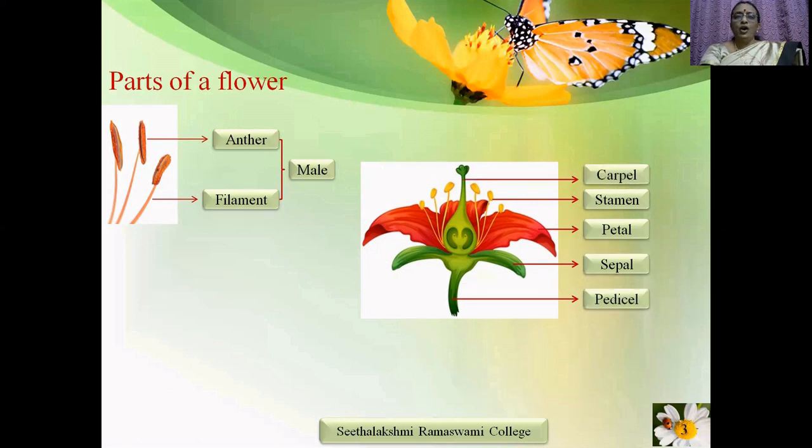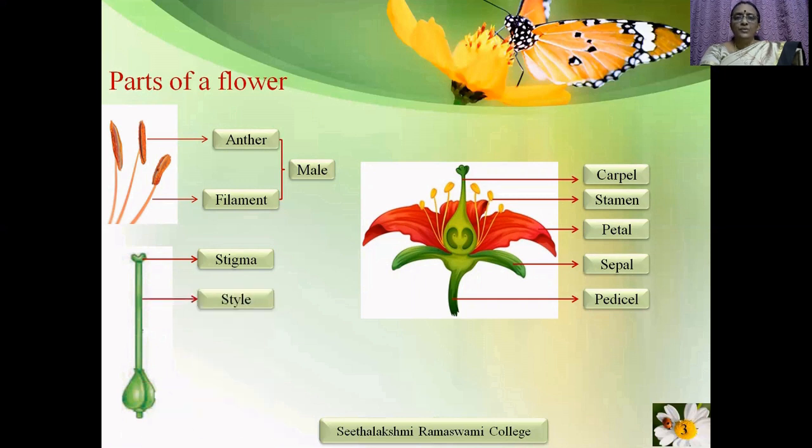The pistil or the carpel, which consists of 3 parts. The stigma, which is found at the tip of the style, and it forms the head of the pistil. The stigma contains a sticky substance whose job is to catch the pollen grains from different pollinators or those dispersed through wind or water.